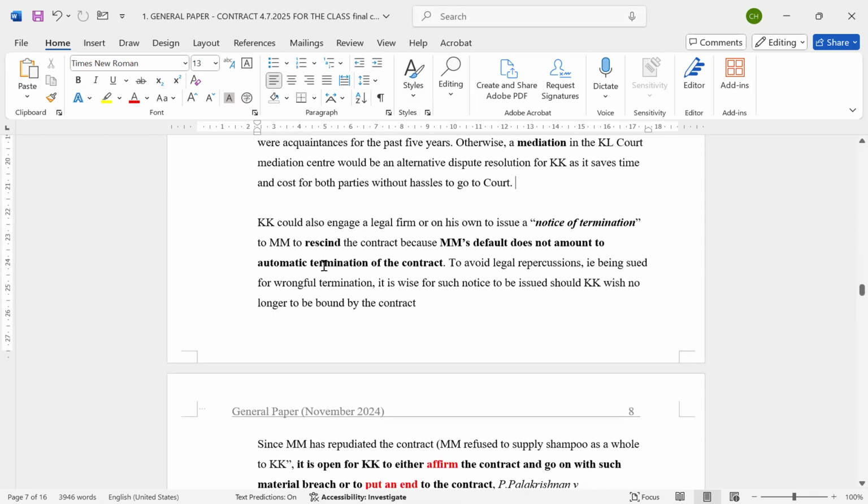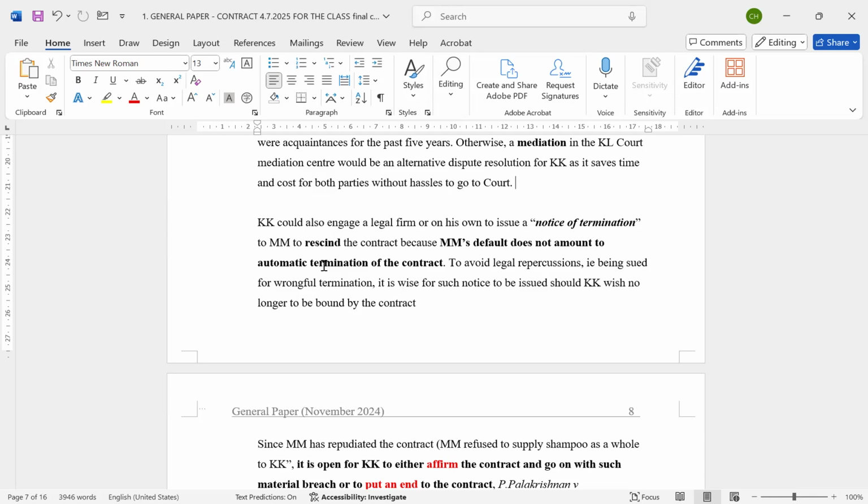Okay, and KK could also, you must remember one point. Now, the fact that we have is that MM stopped supplying, but this does not amount to automatic termination of the contract, isn't it? So KK is not yet discharged from his legal obligation to pay.